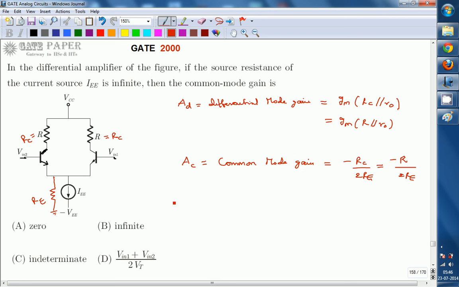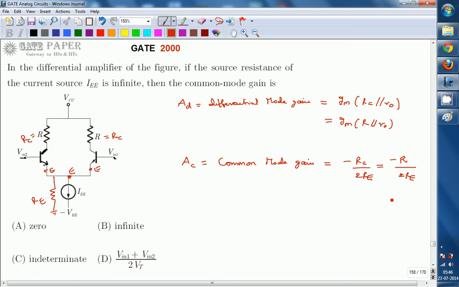Since both emitters of the transistors are shorted together, this terminal is treated as the emitter, and the resistance at that point is indicated as RE. So AC is equal to minus R by 2RE.